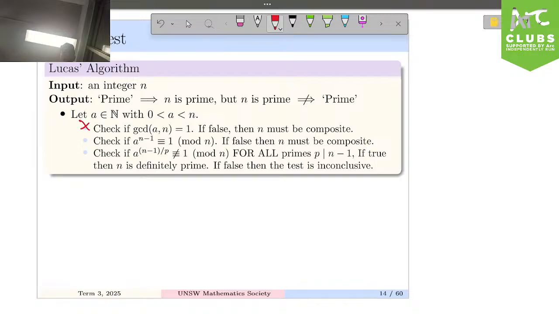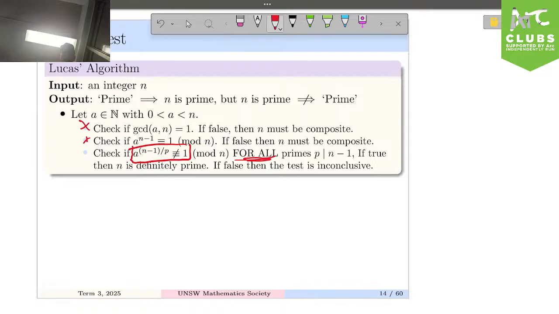Then we can put it into Fermat's little theorem again. Now Fermat's little theorem is telling me it's probably prime, so we're going to add something else onto this. We're going to check, for all primes that divide n minus 1, whether this equation is true or false.